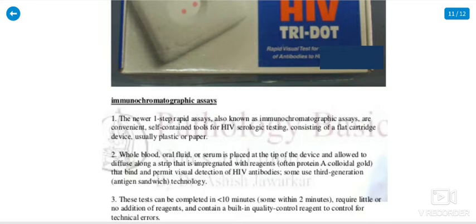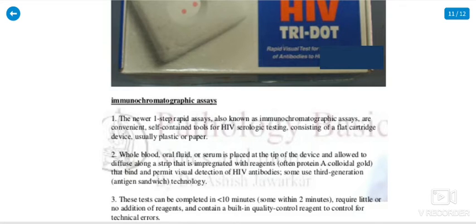It is another ELISA-type test. These tests can be completed in less than 10 minutes, some within 2 minutes also.